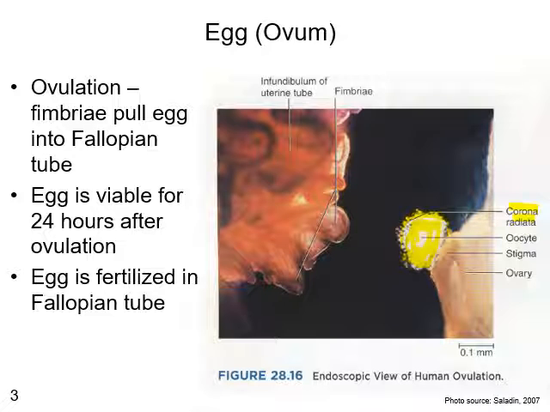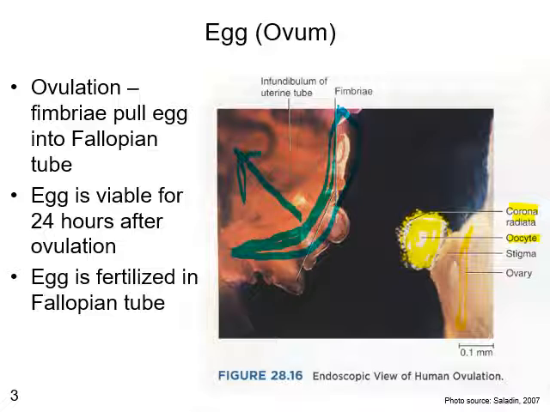The corona radiata, the zona pellucida, and the oocyte in the middle are ovulated from the ovary and then picked up by the fimbria of the fallopian tube and transported by ciliary motility into the fallopian tube.